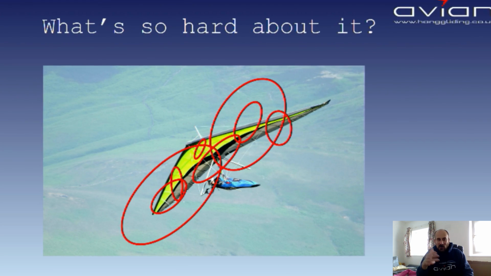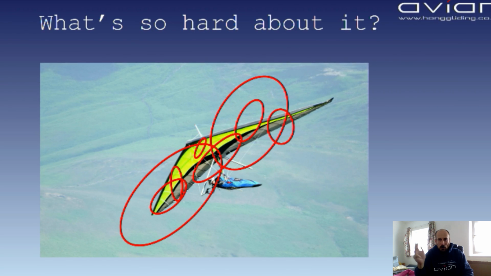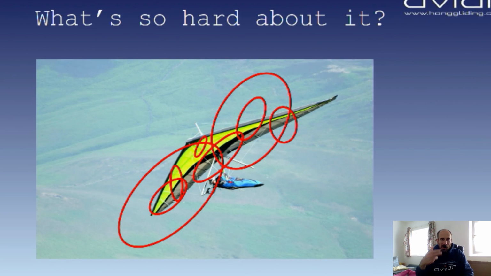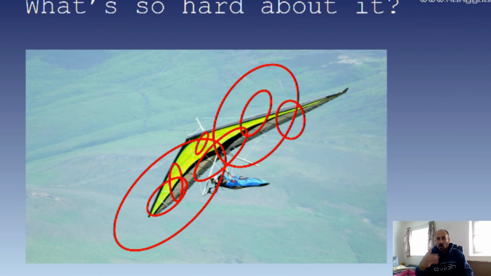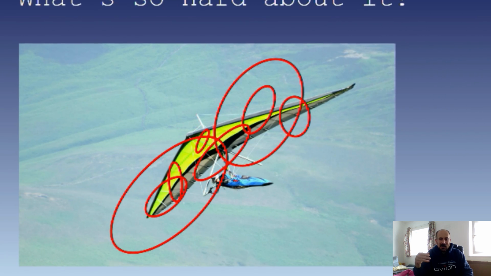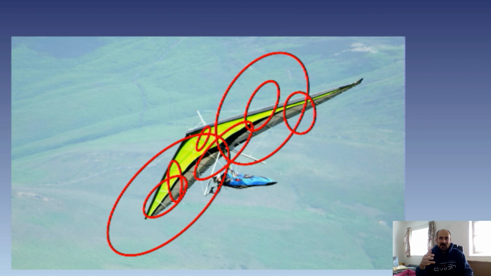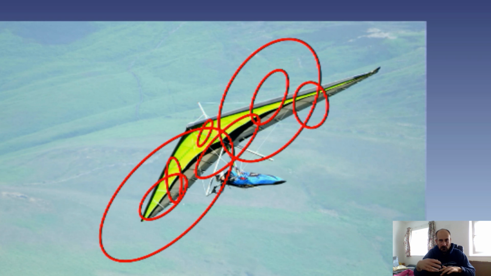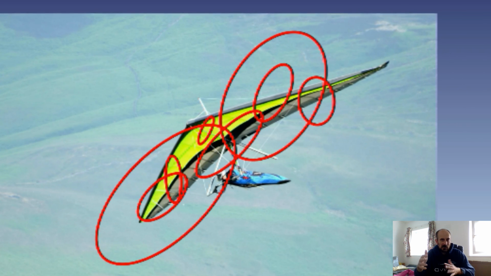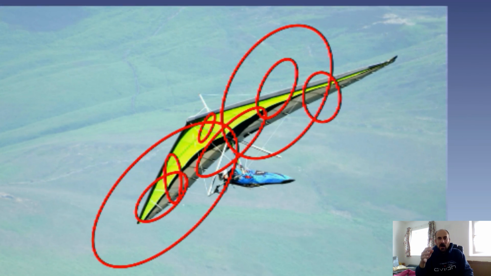So we're trying to do all the same things, but we're trying to do them with just one single surface. And then to add even more complication to that, that surface doesn't even stay the same shape when it's in the air. Well, obviously it has to move, to turn, to provide that control.